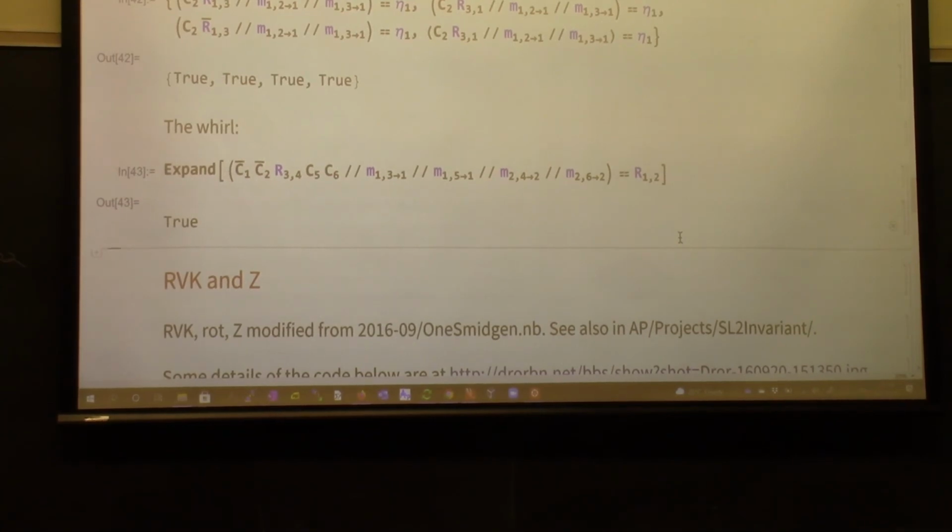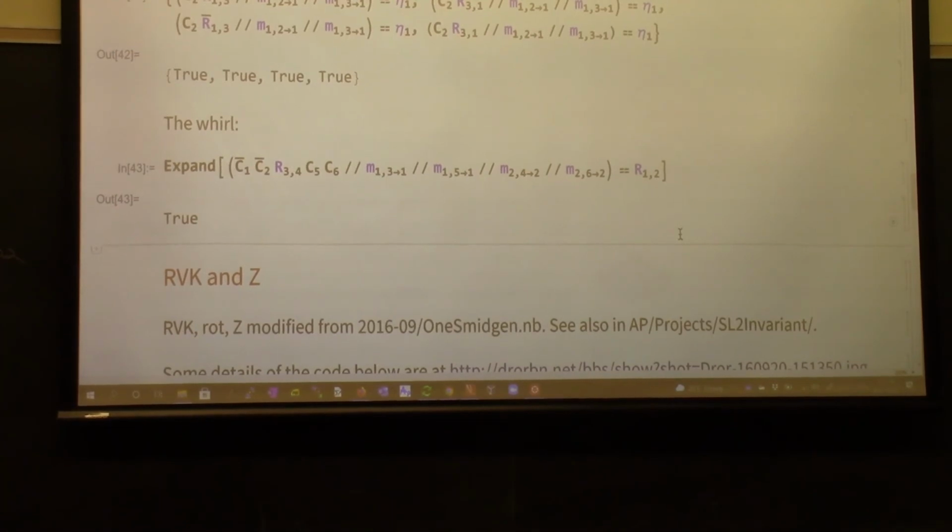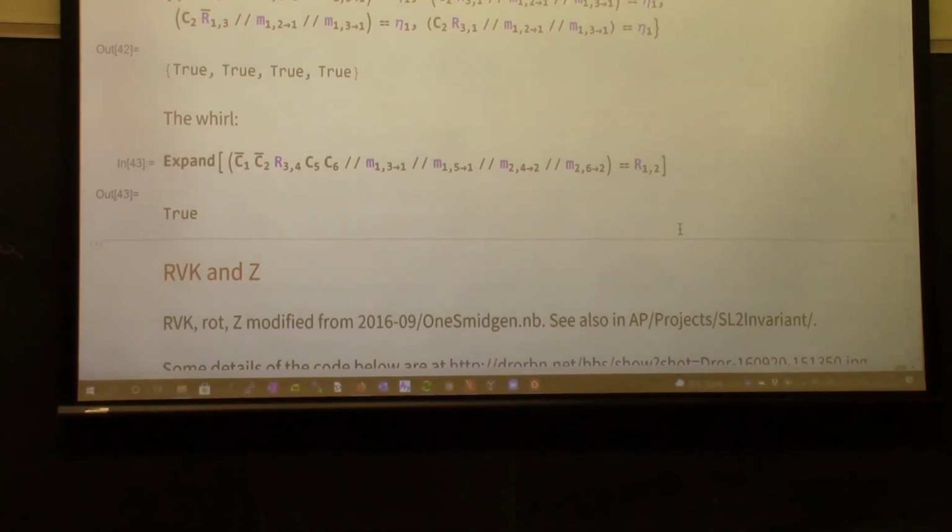Then comes a surprisingly hard part, which is, well, now we actually need to compute the invariant to see whether it's interesting or not, and how quickly it computes, right? And there is a technical difficulty.